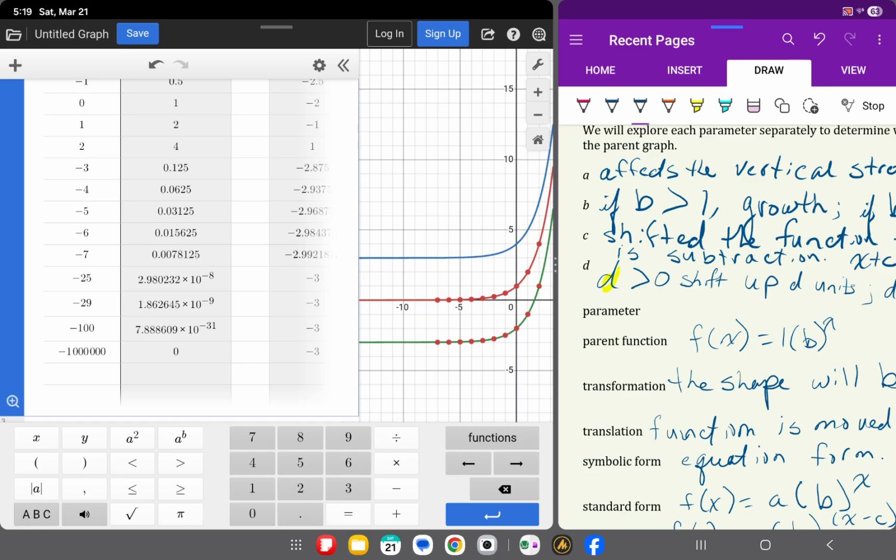It does not change our domain. It does not change the range either, because it's just shifting it left or right, and it will change the y-intercept. Okay. D will change our asymptotes. It will change our y-intercepts. So you have to think about all those things when we're looking at that.